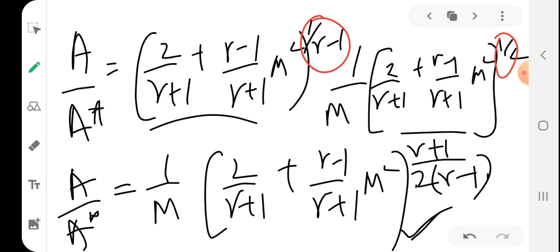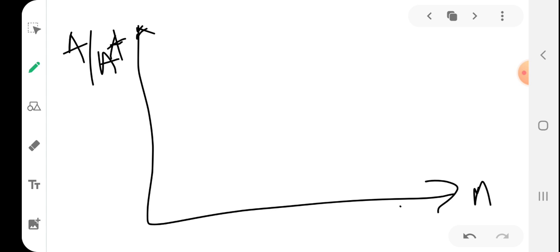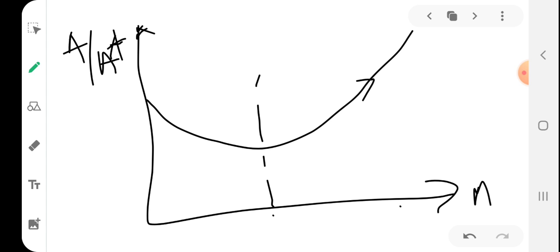This can be shown in a graph like this. A by A star on the y-axis, Mach on the x-axis. So you can draw this graph. If you plot that equation for different Mach numbers, you can get it like this, so just note it down.